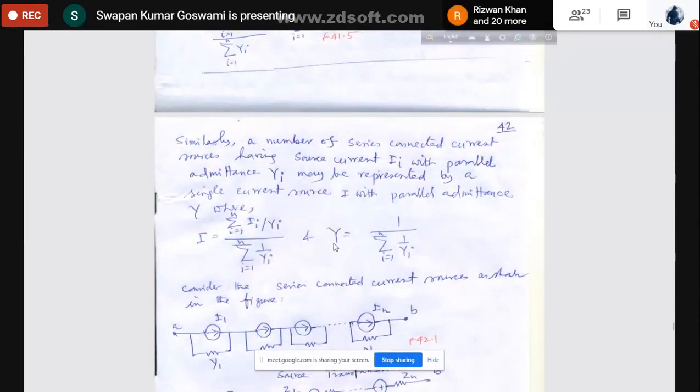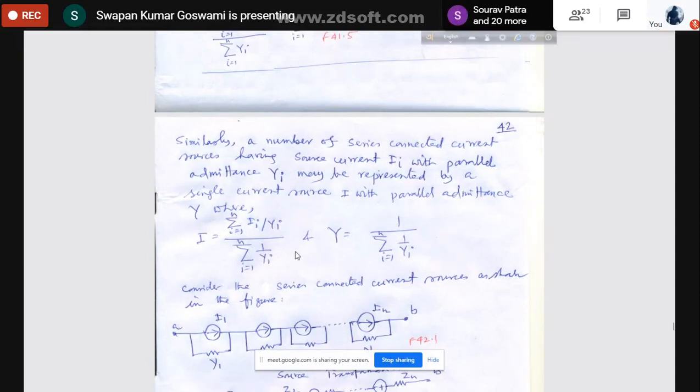How? Again, by applying a source transformation. And what will be the value? The resultant current source I will be the summation over Ii divided by Yi, for i equal to 1 to n, all the sources connected in series, divided by the summation of 1 upon Yi. 1 upon Yi means the impedance of each source.